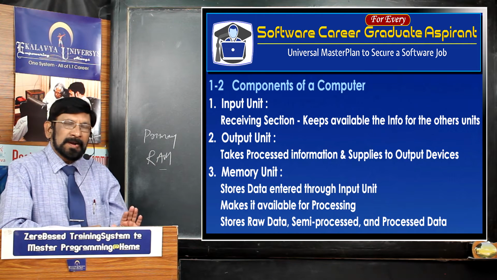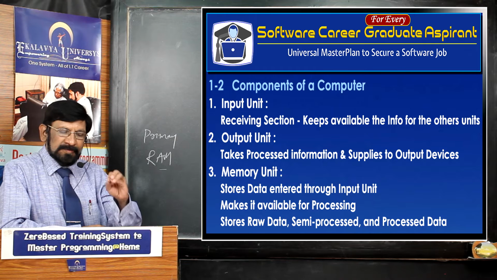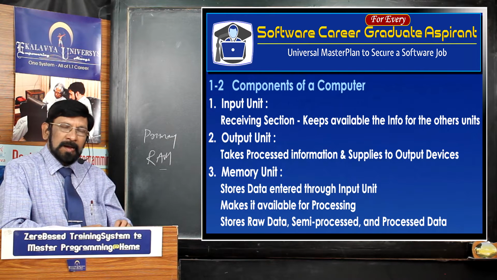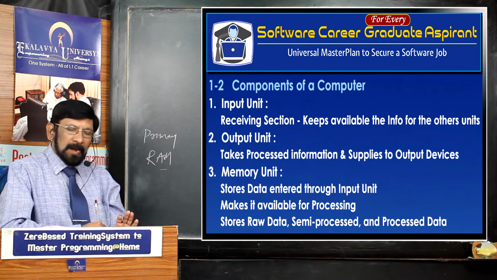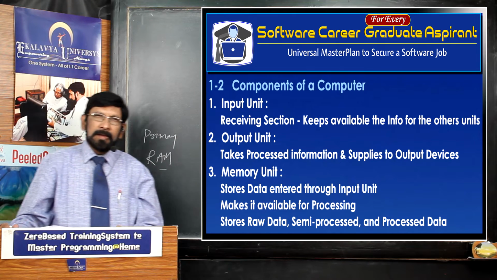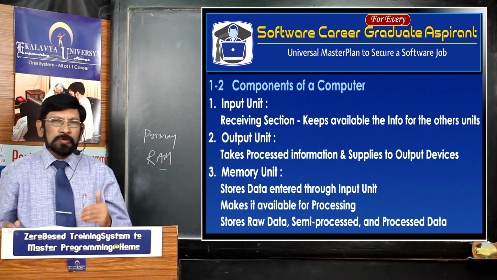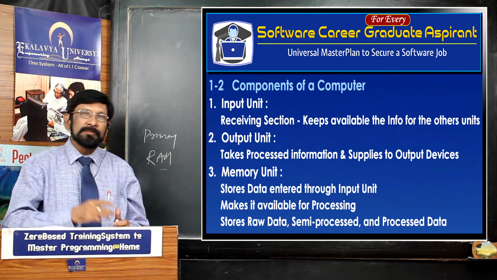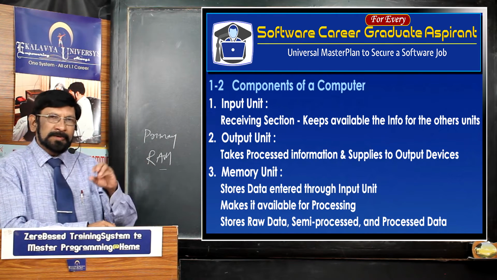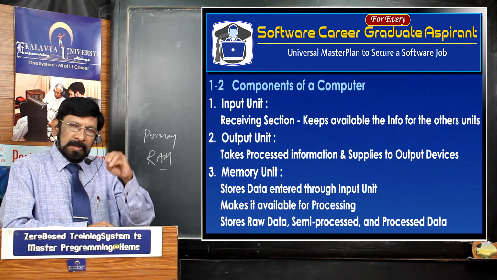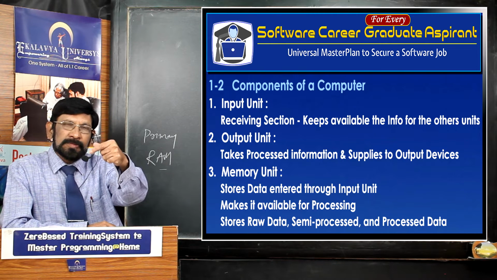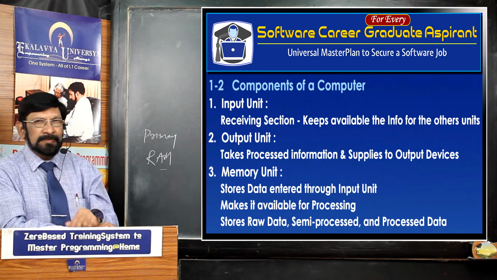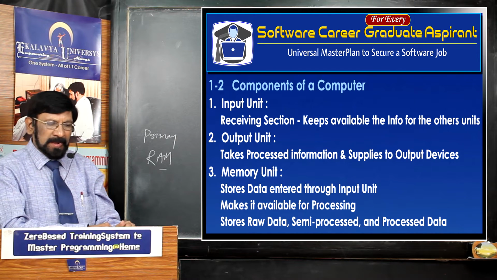Whatever data we send, first it is stored in the memory unit, and if you want to store it permanently, then what you have to do? Whatever data is stored in the temporary memory has to be transferred to the permanent memory, that is the secondary memory unit. Little later I am going to explain.